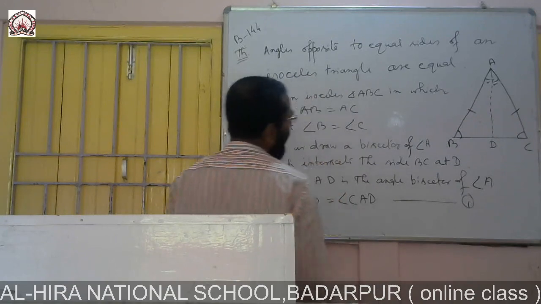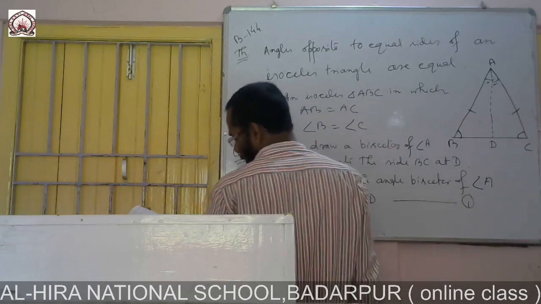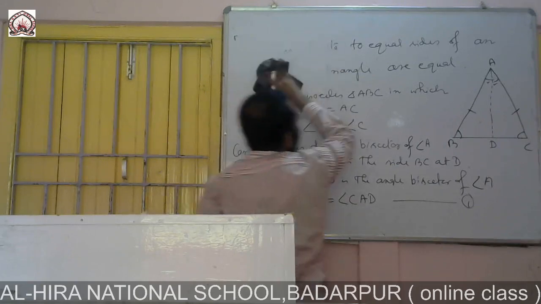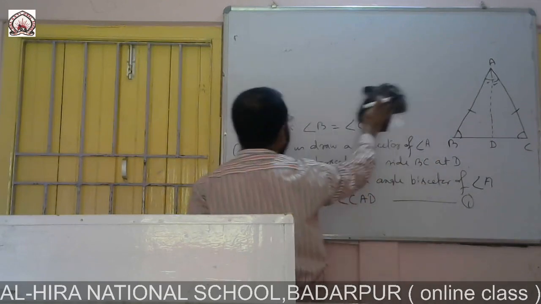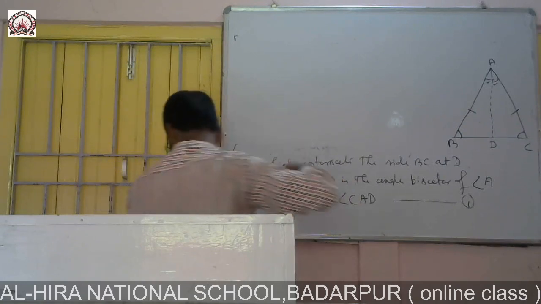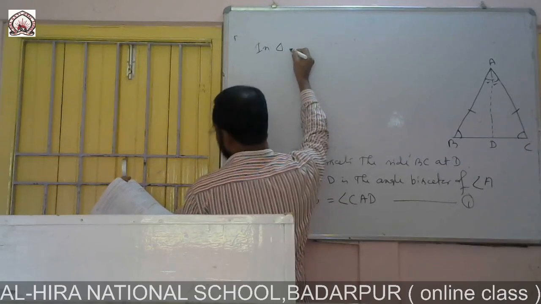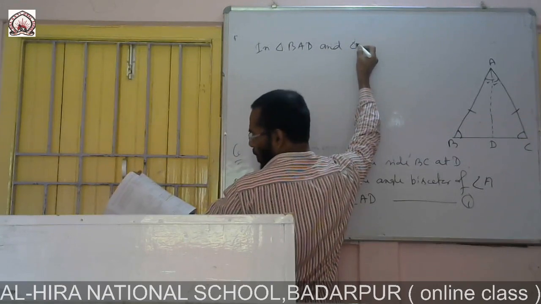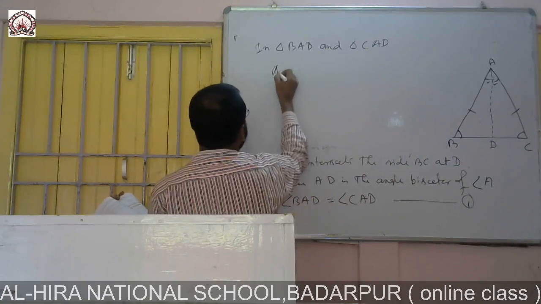Now you see two triangles are there, one ABD and another CAD. Now you compare both the triangles. In triangle BAD and triangle CAD, we are getting AB is equal to AC.